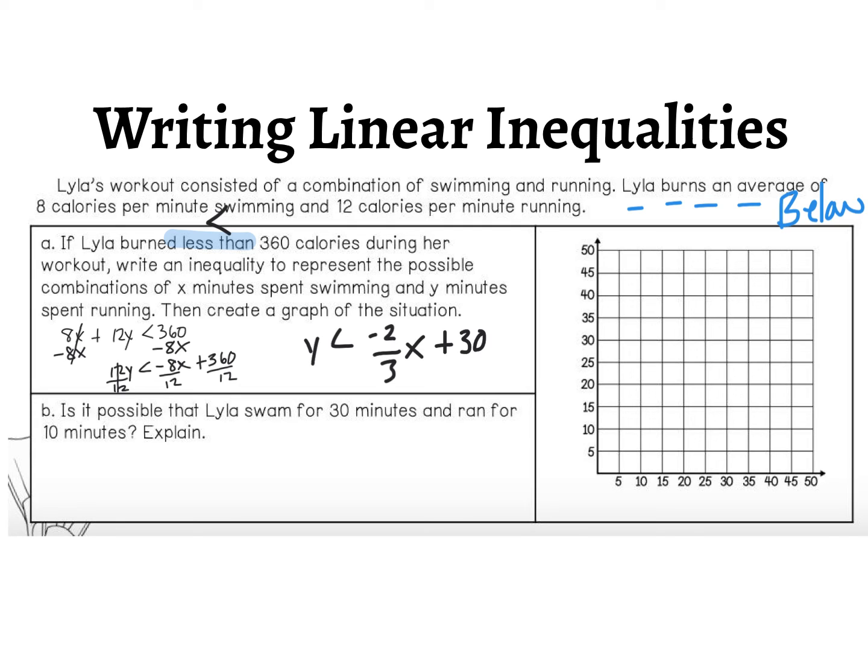So let's graph this equation. We start at 30. The slope is negative 2 over 3. Now, we are going in increments of 5. So this is going to be a very rough sketch of what we're expecting. We're going to go down 2 over 3, down 2 over 3, down 2 over 3.